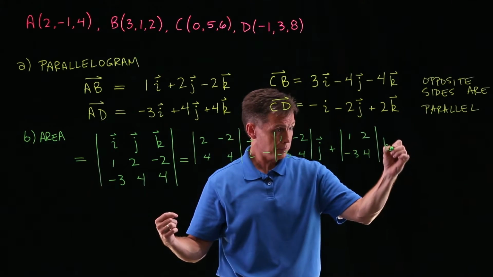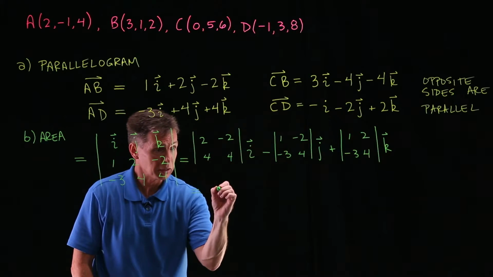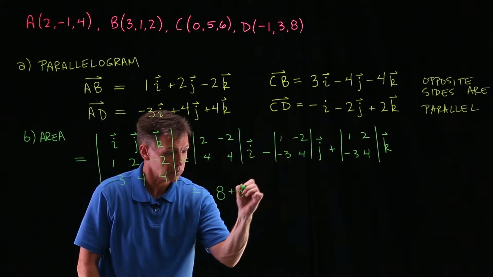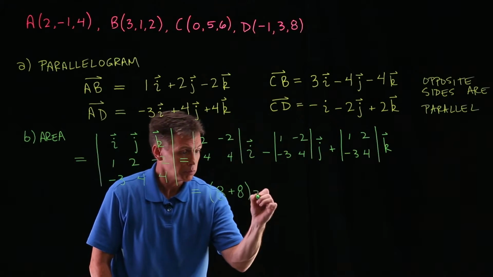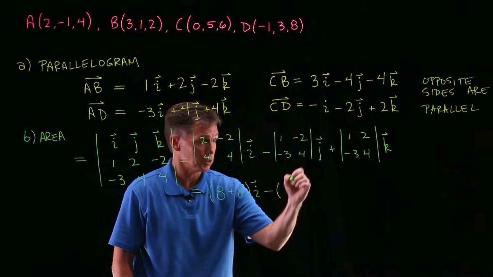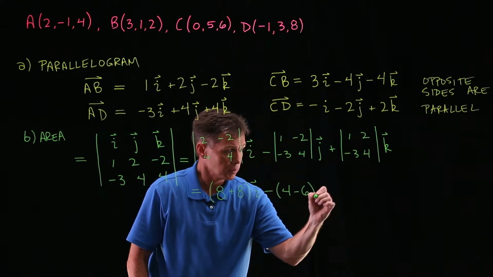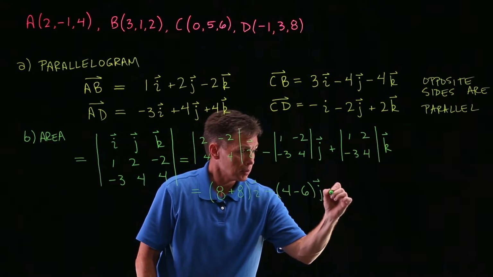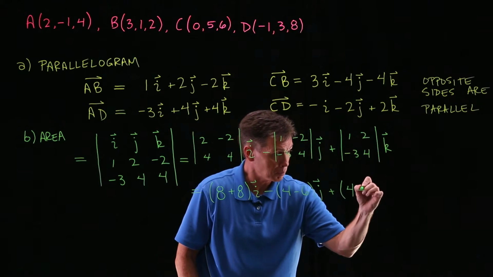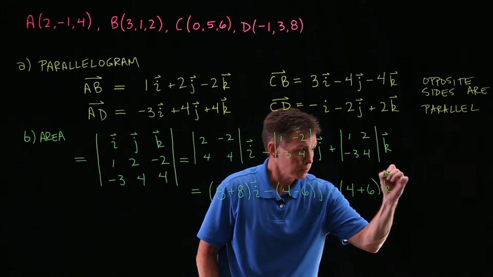times our K vector. All right, so crisscrosses here, we're getting 8 minus a minus 8 times the I vector. Subtract, crisscross here looks like 4 minus 6 is the J vector, plus another crisscross of 4 minus a minus 6, so plus 6, K vector.